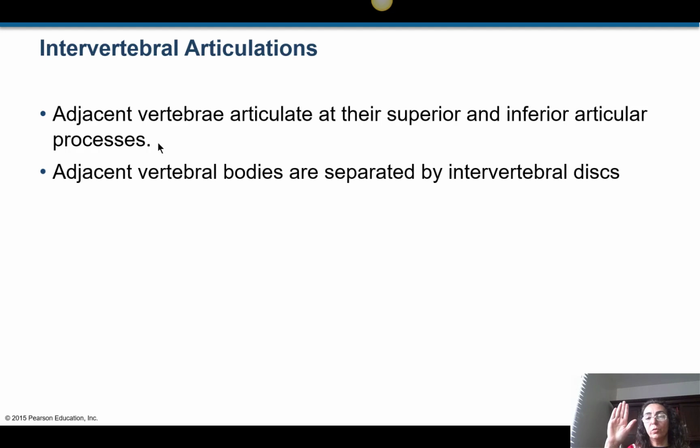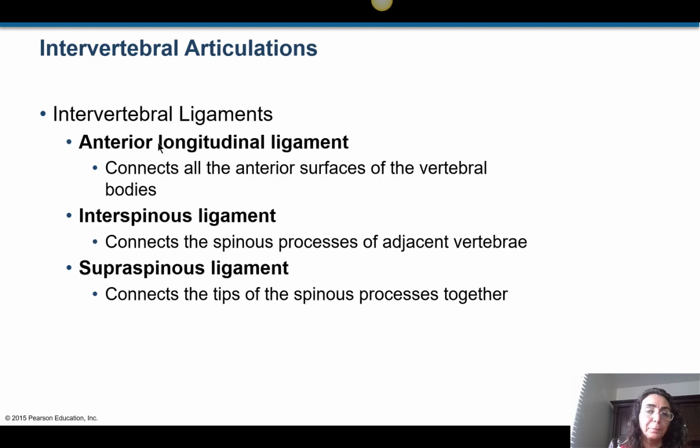This superior articular process makes a joint with the inferior of the upper vertebra, and the same for the lower side. And also the adjacent vertebral bodies are separated by intervertebral disc. So intervertebral disc is located between the body of one vertebra and the body of the next vertebra, right?